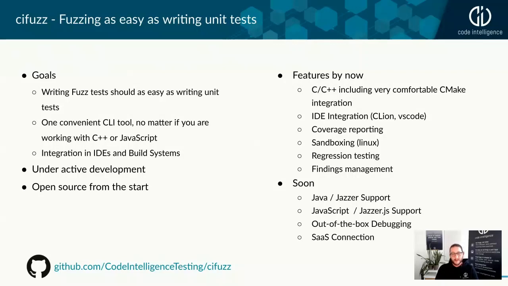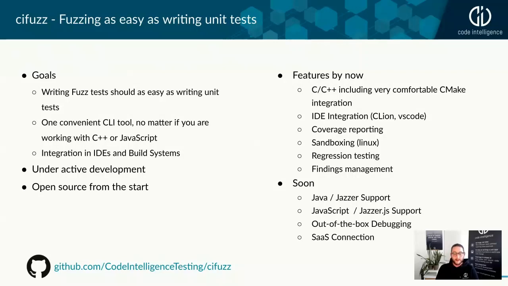In the end, it should be as easy as writing unit tests. Most of you should be familiar with writing unit tests, and our goal is to provide this experience with our CLI tool, CI Fuzz. It should do that for a variety of build systems and languages.